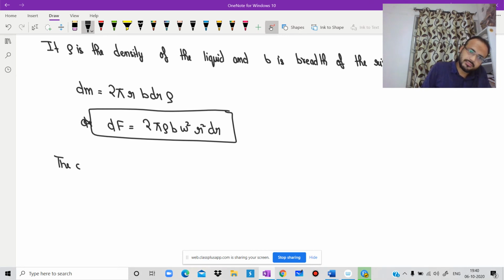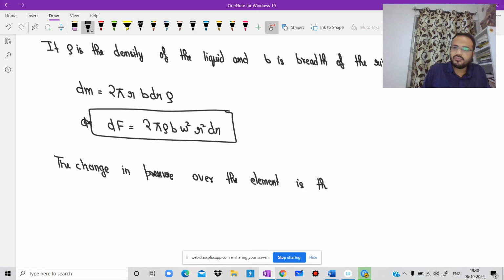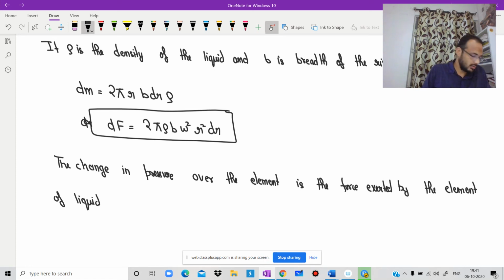The change in pressure over the element is the force exerted by the element of liquid divided by the area of the ring, since pressure is force per unit area.